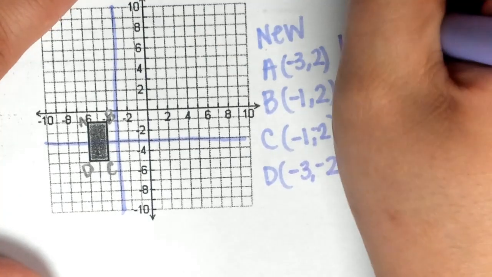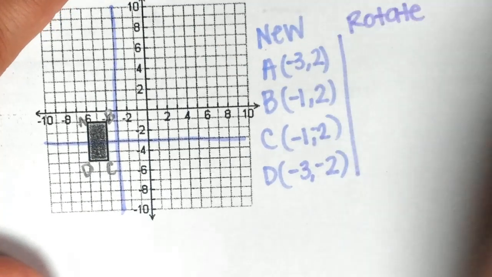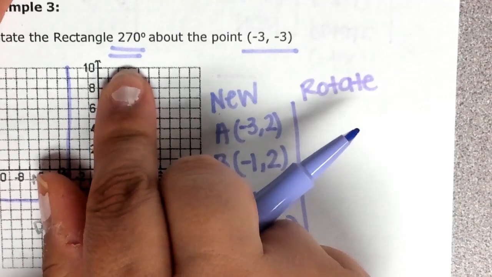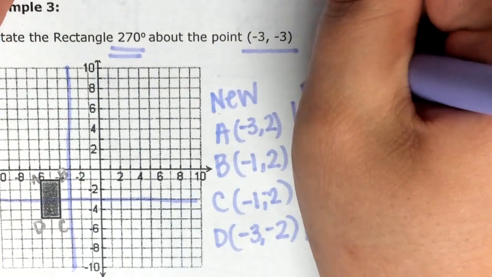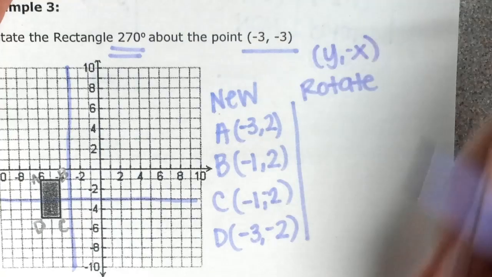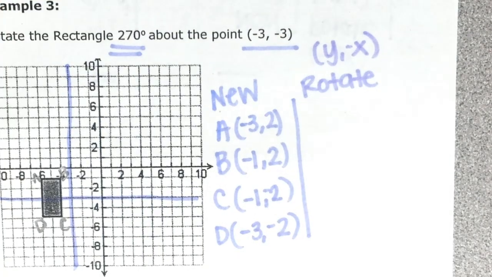Then I need to rotate. How do I rotate 270? (x, y) goes to (y, -x). Switch them and negate the x. Or, what can you do to your paper? Turn it 3 times. Make sure you're going left, counterclockwise.